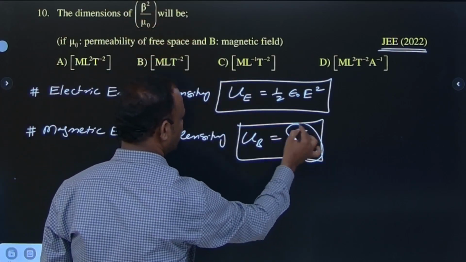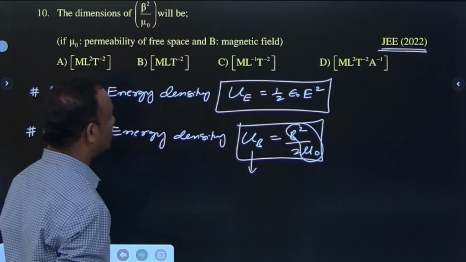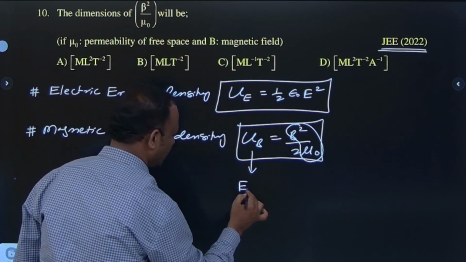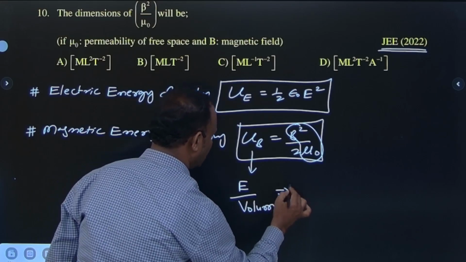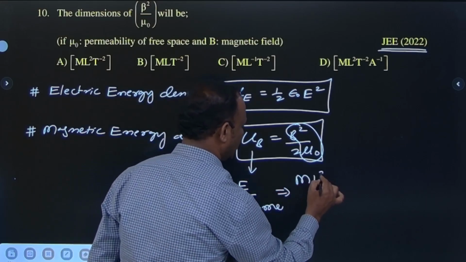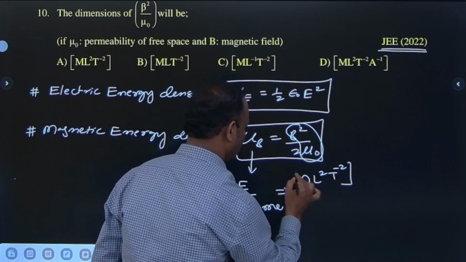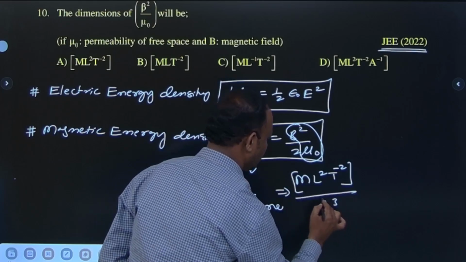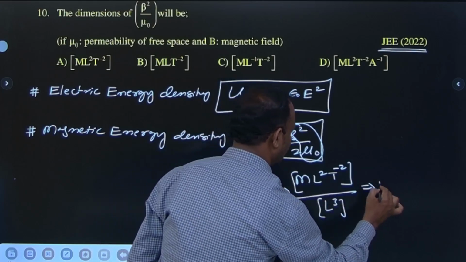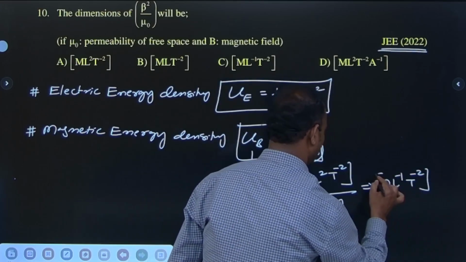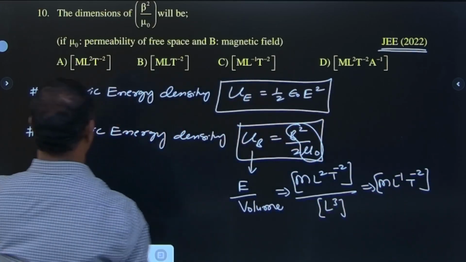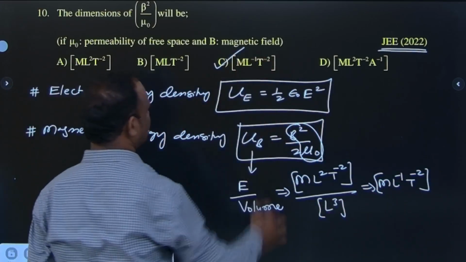B square by mu naught means energy density, energy per volume. The dimension formula of energy is M L square T minus 2, and volume is L cube. This becomes M L minus 1 T minus 2. Option C is correct.